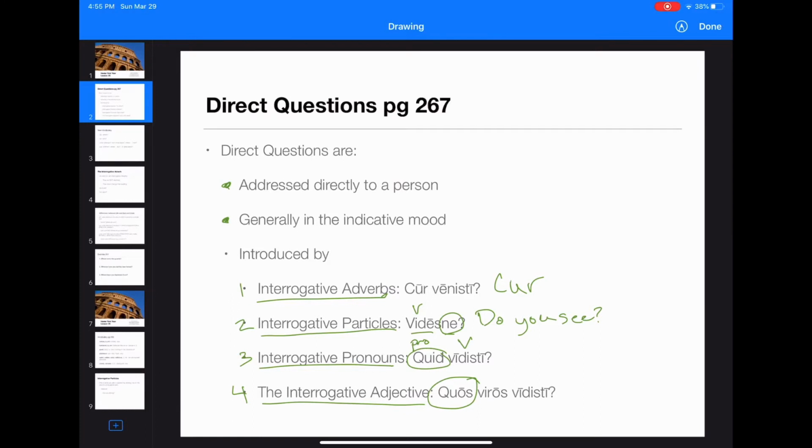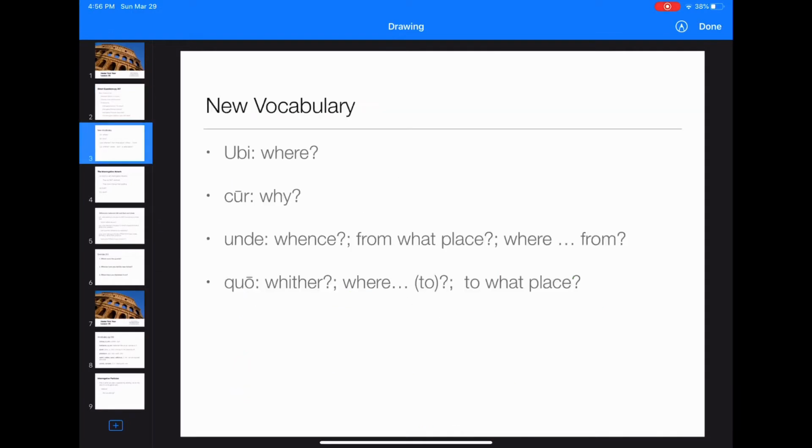So this is you saw, y'all saw men, and quos is actually an adjective that's telling you something about men. So it can be which, what, that sort of thing. So that's the difference between the pronoun and the adjective. We'll talk more about both of those later.